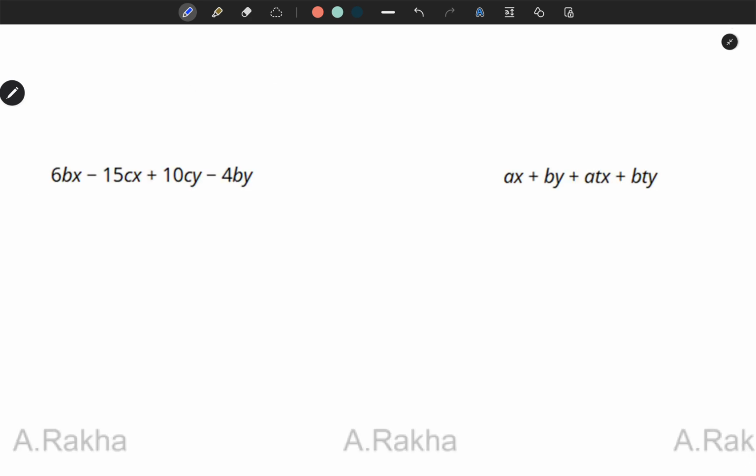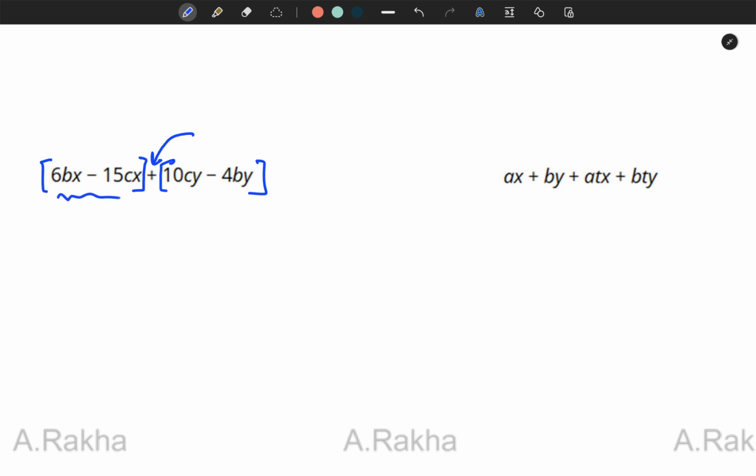Here, once you see 4 terms, 1, 2, 3, 4, immediately the idea which comes to your brain is grouping. You have to take each 2 terms together and you have to make sure that the sign between them here must be positive. So one by one, please.